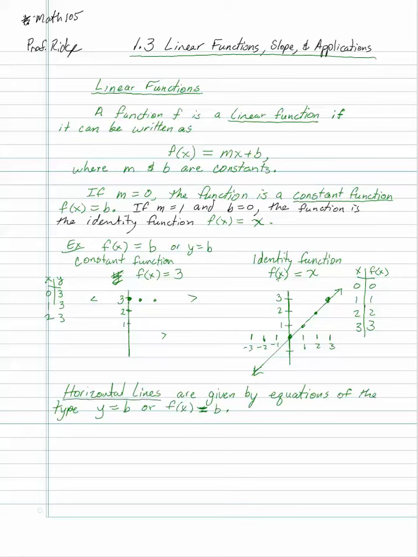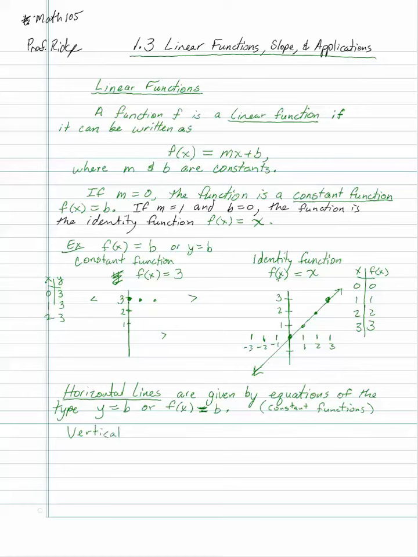Horizontal lines are given by equations of the type y equals b or f of x equals b, just like we did in the example above with the constant function. So again, horizontal lines are constant functions, so they're functions. Now vertical lines, these are not functions because they would fail the vertical line test.